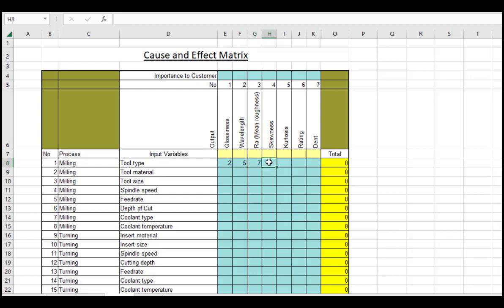Skewness maybe 1, kurtosis to tool type maybe 2, rating maybe 4, here maybe 7, and so on. So from here, basically we need to give the rating for all of the processes.